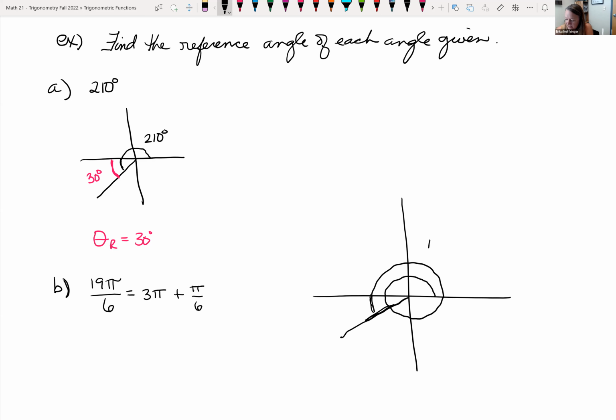So this right here is 19 pi over 6. And my reference angle is forming between this terminal side and the x-axis. And because I'm in quadrant 3, I could get this by seeing what I was adding to get from that pi to this angle, which would be pi over 6. So my reference angle is pi over 6.